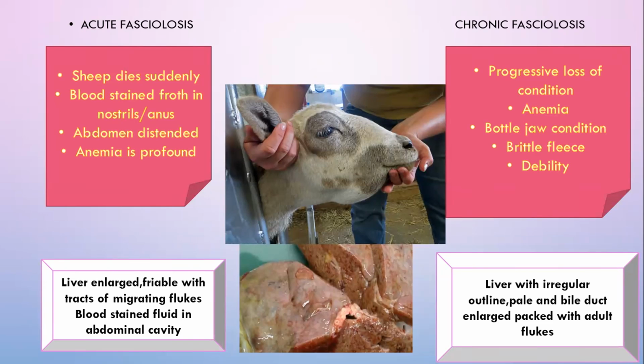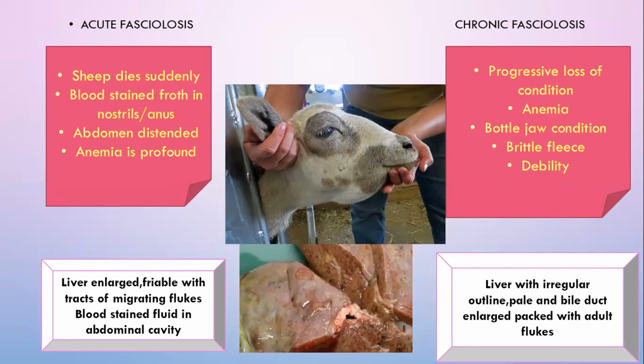And during post-mortem in this condition, you'll find that the liver becomes enlarged, as there will be inflammation of the liver. Then, due to the migration of immature flukes, there will be tracts of this migrating fluke, and blood stained fluid in the abdominal cavity also.